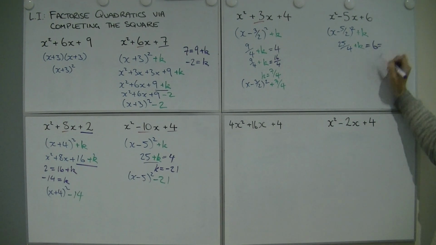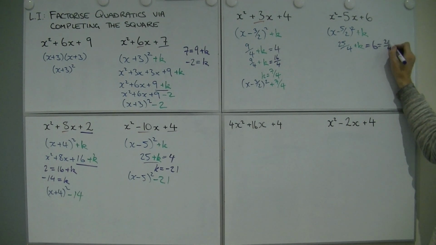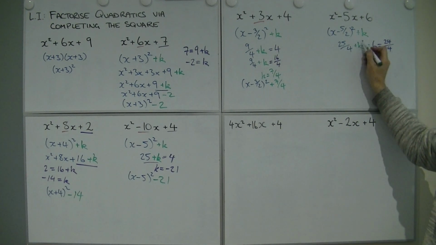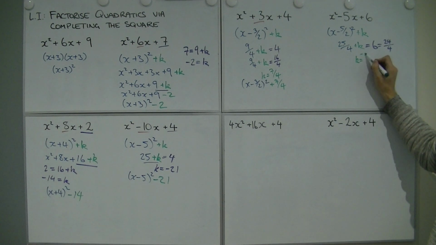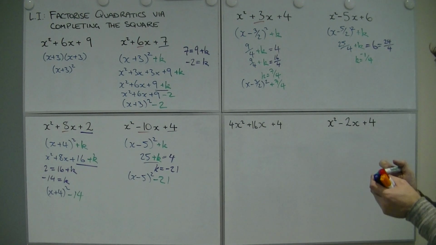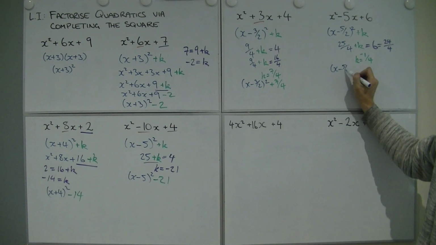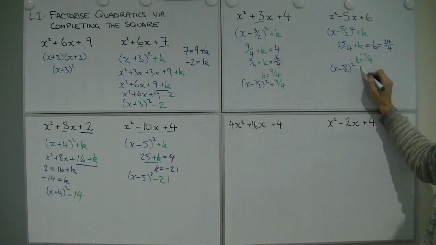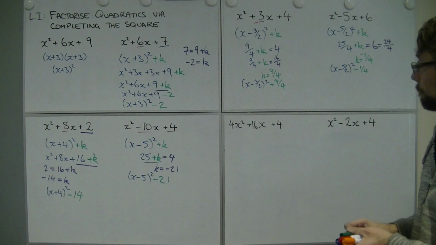Now, I could write 6, or I could just immediately go, hang on, I'm going to need this over 4. So I'll change it to 24 on 4. Cool, great, 25 plus something gives me 24, so k must be negative 1 on 4. Cool, so I've got x minus 5 on 2 squared minus 1 over 4. Beautiful. Okay.